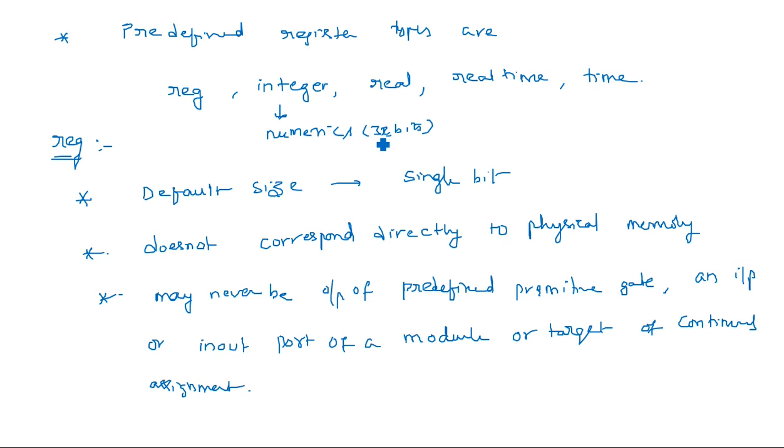And coming to real and real time, both are variables used to store double precision, nothing but 64 bit. So I will write here. Integer size is 32 bit.